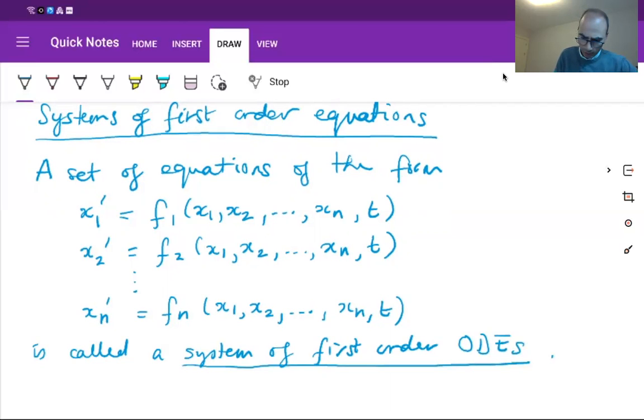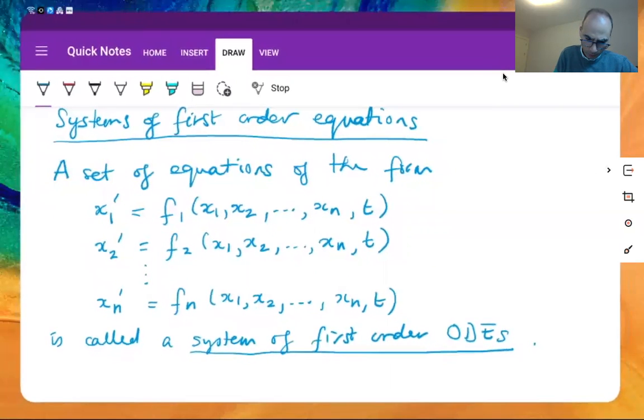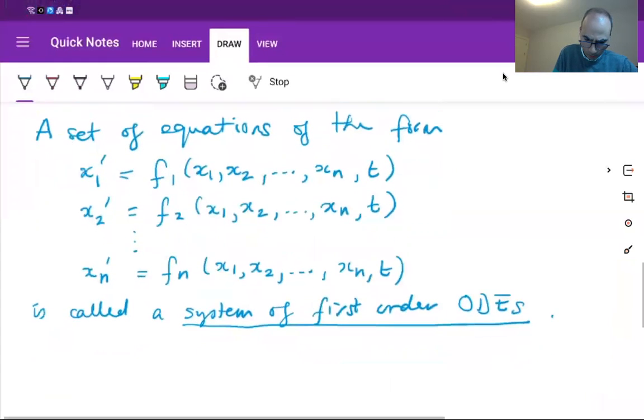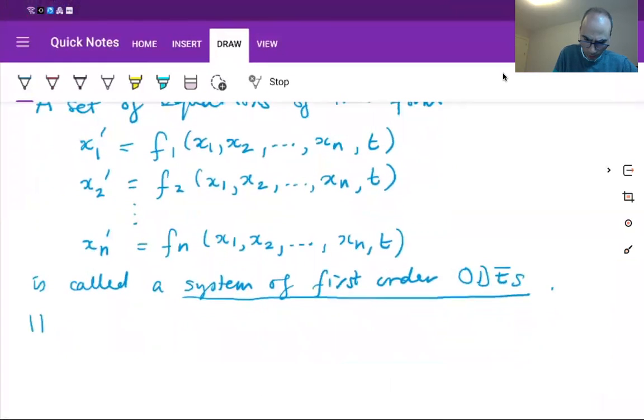So here, these f1 up to fn are just arbitrary functions.